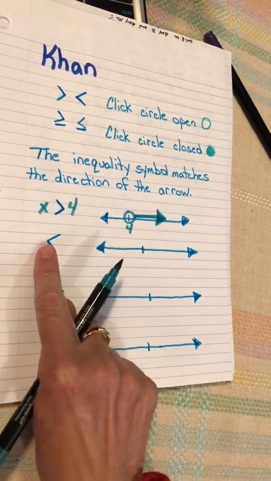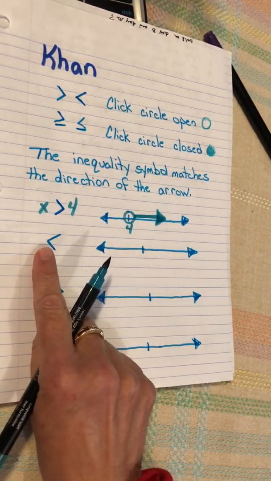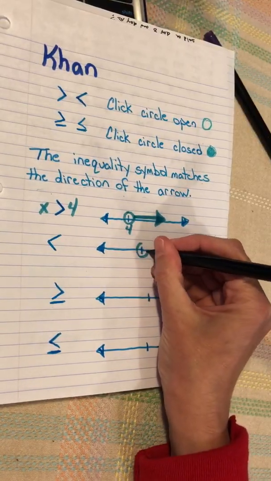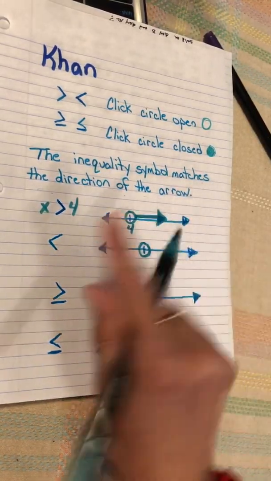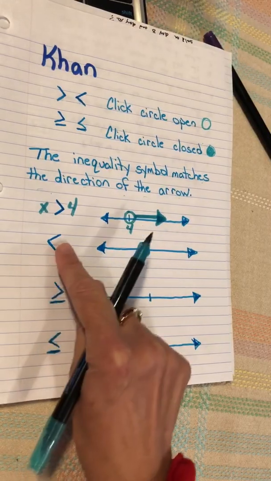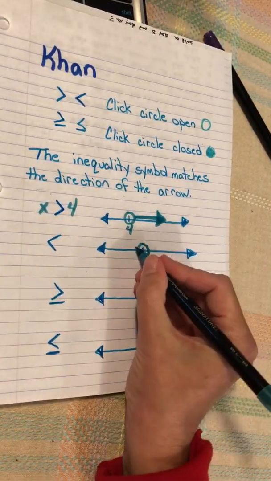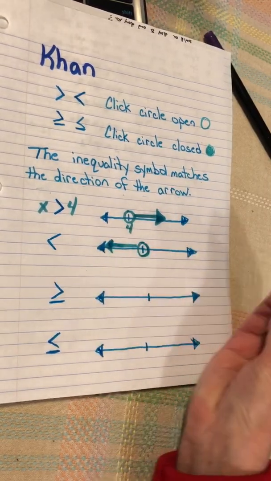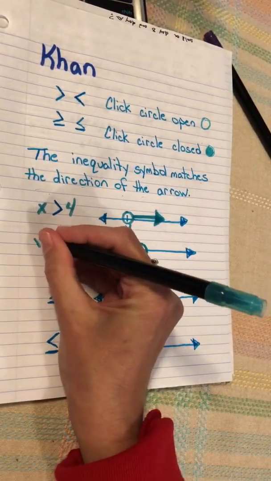This next one is showing our less than symbol. So once again, we would need an open circle. The inequality is pointing to the left, so our arrow would go this direction. Let me put some numbers in.